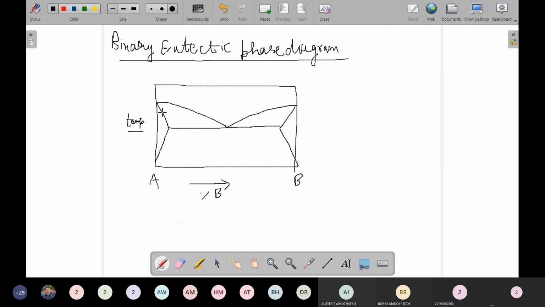It's very easy. Now you can see here, this is our liquidus line. Let me make it with a different color. Let me make it with red color. Okay, so you can see the red color line here.